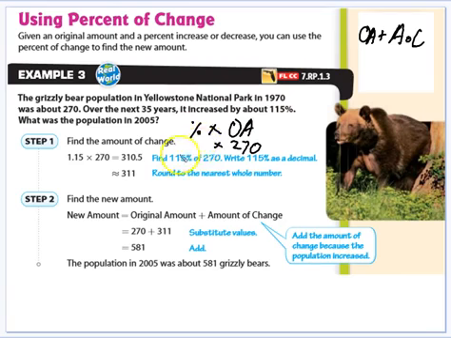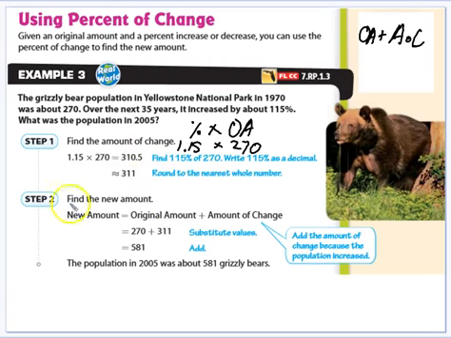So the percent is 1.15 because we have to move the decimal over twice to get it as a decimal. And when we multiply that, it comes to around 311. We get 310.5 exactly, but we're going to round to the nearest whole number.